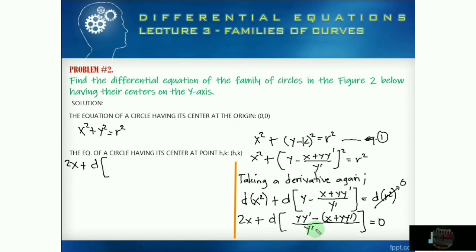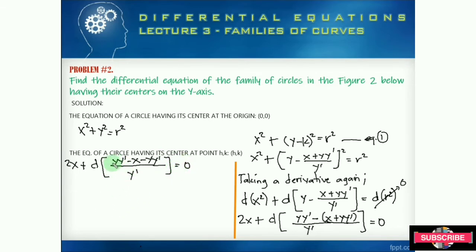So if we are going to simplify this one, we have here y prime, y prime minus, we distribute this negative sign, so minus x, and then negative times positive is negative, so minus y prime, all over this y prime equal now to 0.